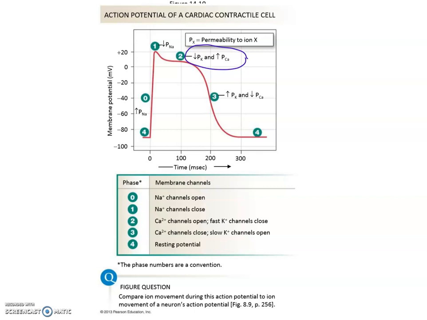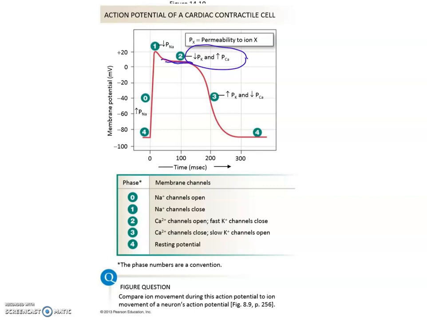Well, the problem is that we're also opening calcium channels, and calcium is in higher concentration on the outside of the cell. So if we are opening the calcium gates, calcium, which is 2+ in charge, is going to come into the cell. As the potassium is leaving and the calcium is coming in, the two of them duke it out for quite some time, and that's why you end up at this shoulder right here.